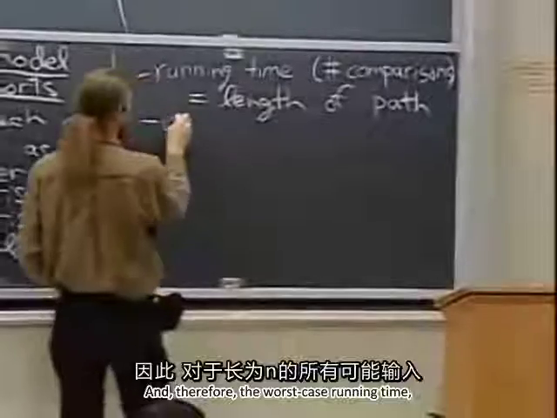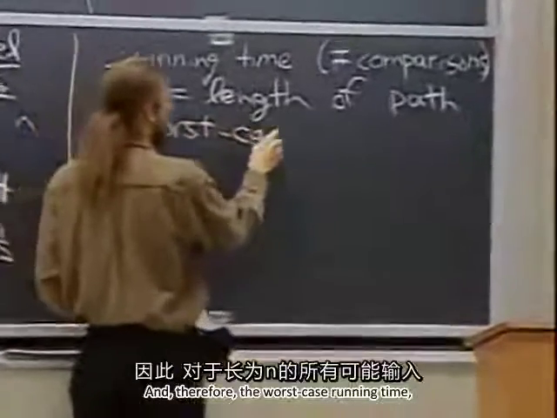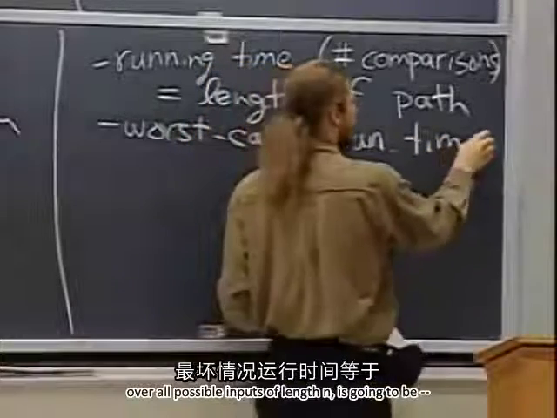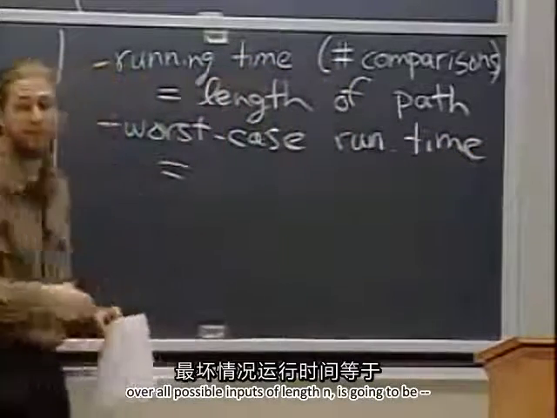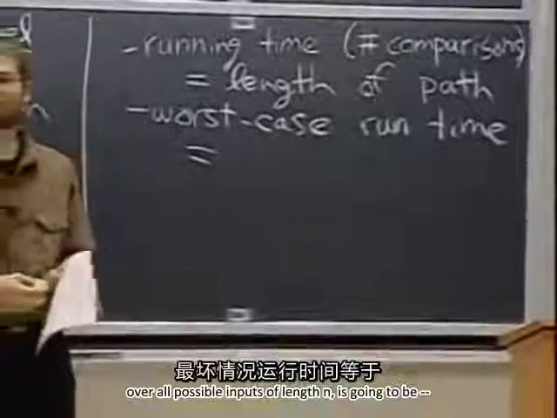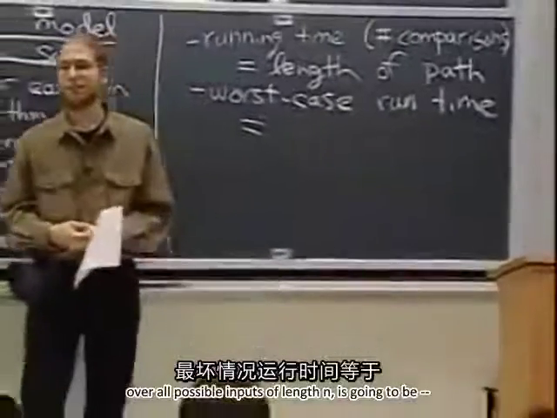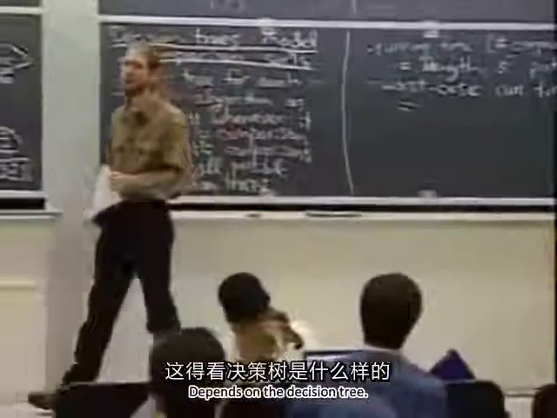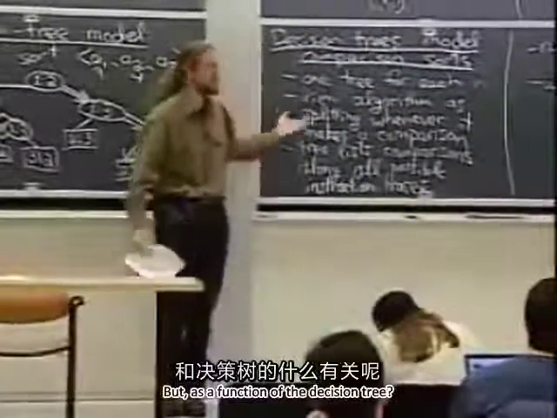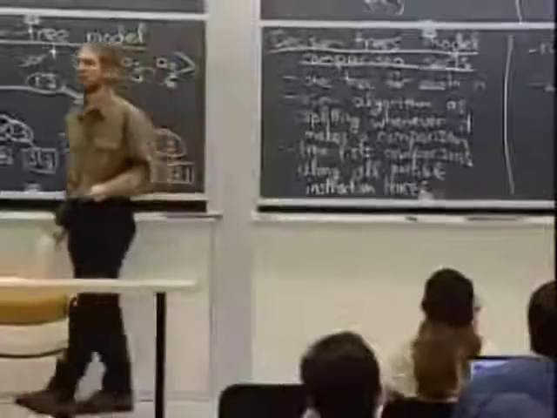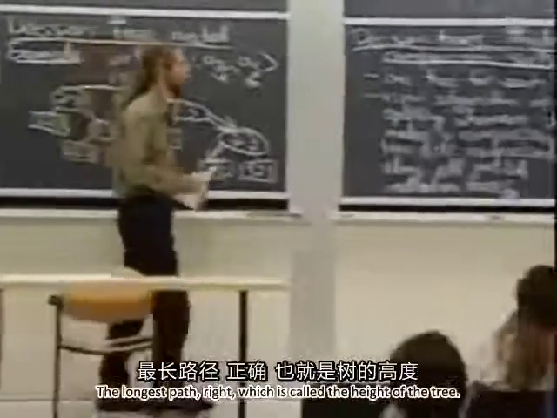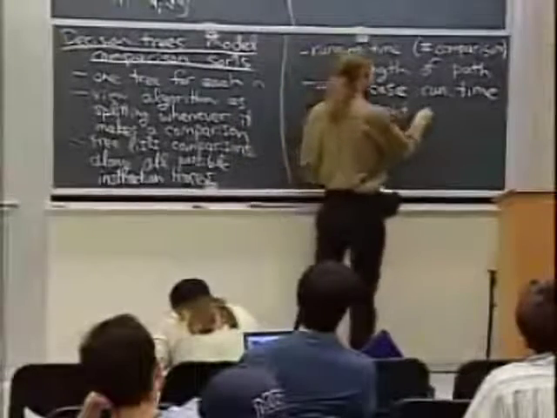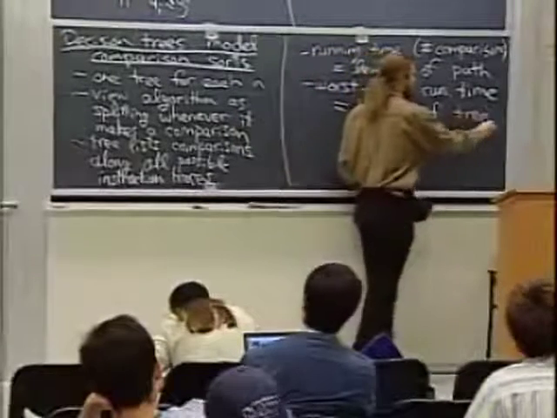And therefore, the worst case running time over all possible inputs of length n is going to be, well, n minus 1 could be, depends on the decision tree. But as a function of the decision tree, the longest path, which is called the height of the tree. Okay, so this is what we want to measure.